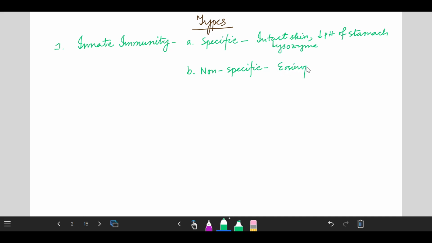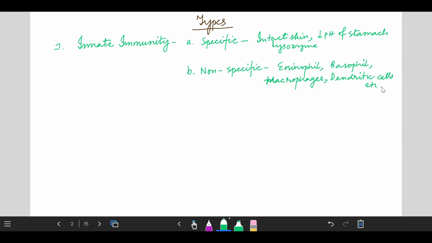Okay, so these cells which are involved are eosinophils, basophils, macrophages, dendritic cells, etc. Okay.